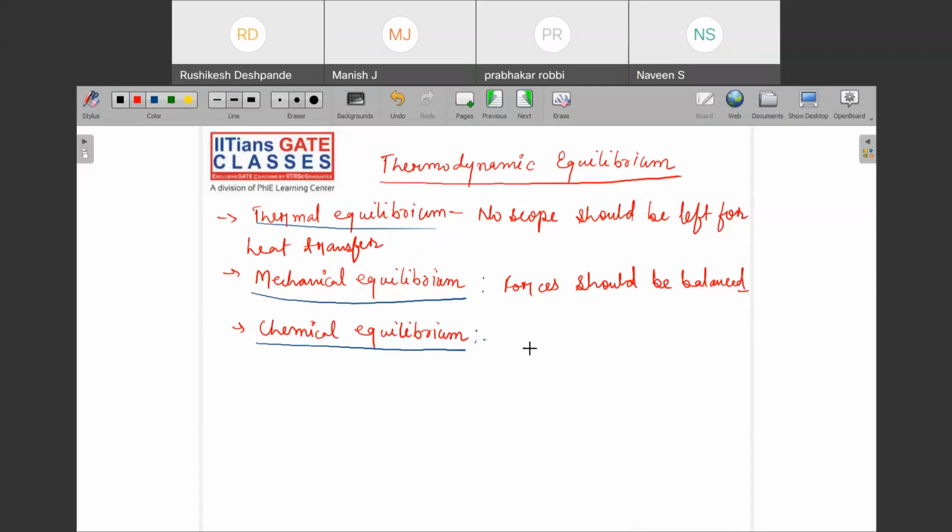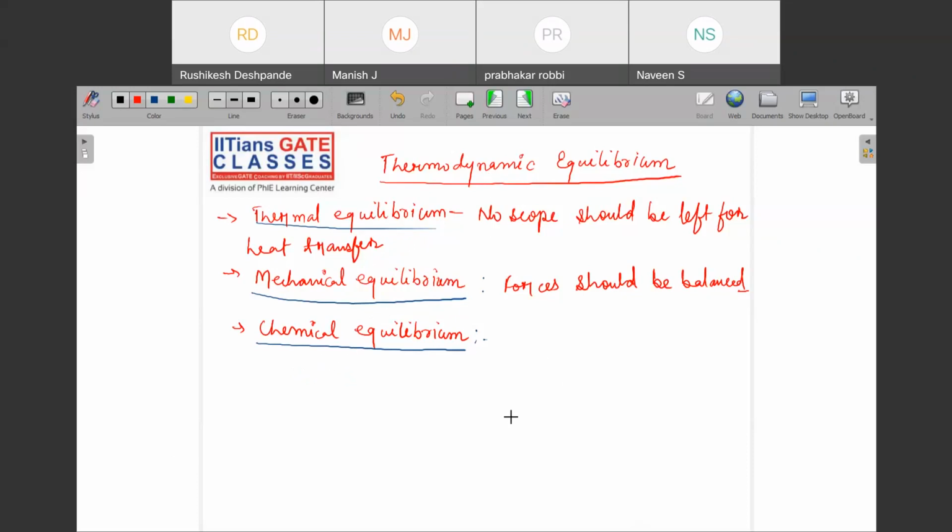Let us say it was expanding or it was being compressed. And when there is a tendency of chemical reaction within the system, then what can happen? It can generate some force, or it can even change the temperature. That means that both of these equilibria will automatically get violated.